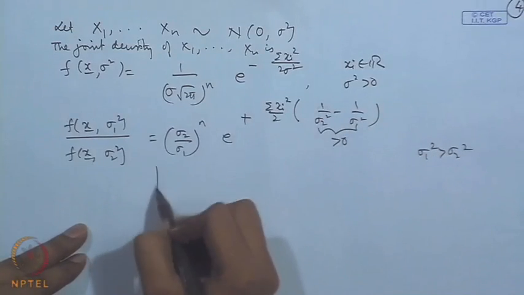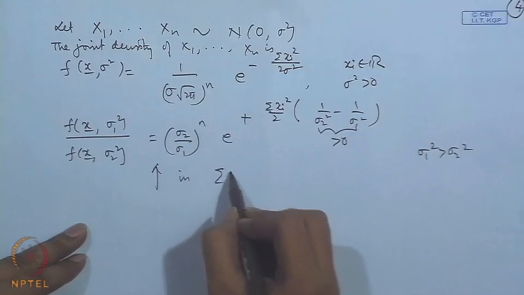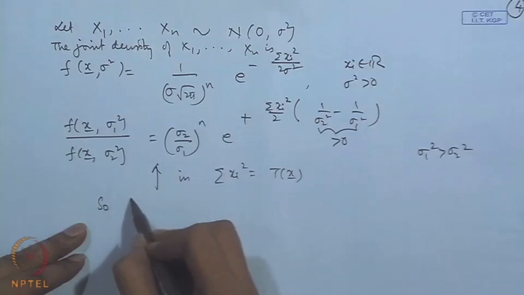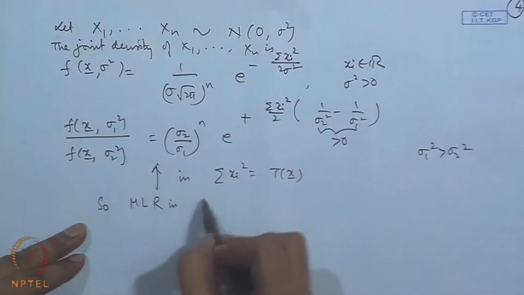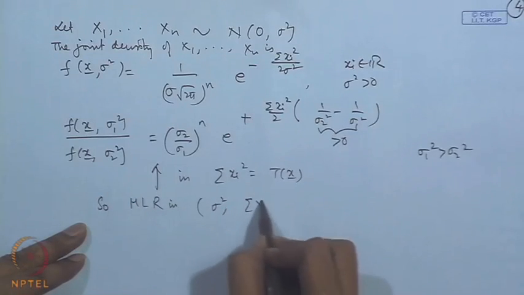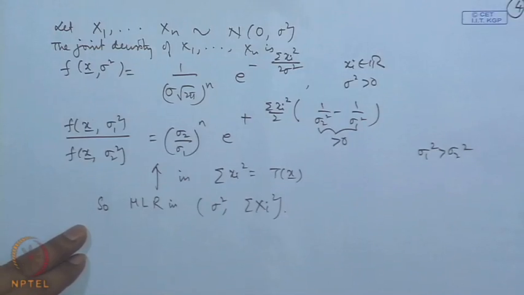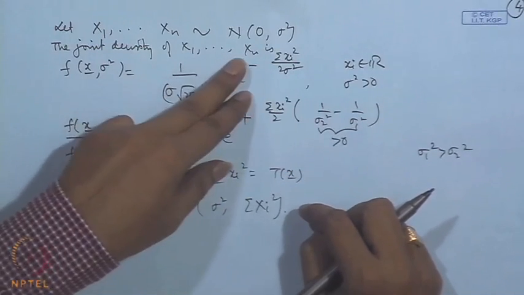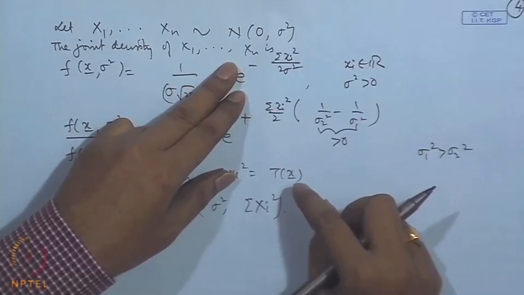So, this is increasing in sigma x I square, that we will call T x. So, this family has monotone likelihood ratio in sigma x I square. Now, this T x has a special role. When we derive the uniformly most powerful test, you will see that the test will depend upon this itself. So, I will discuss a few more applications a little later.